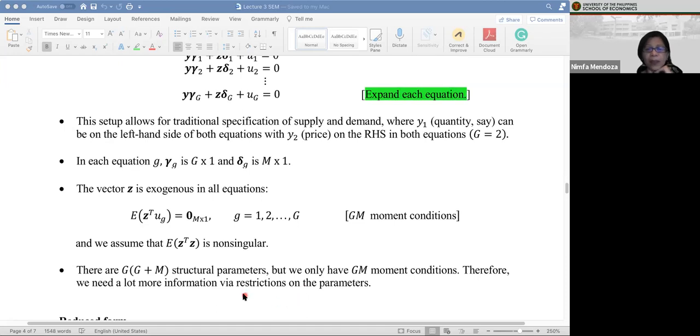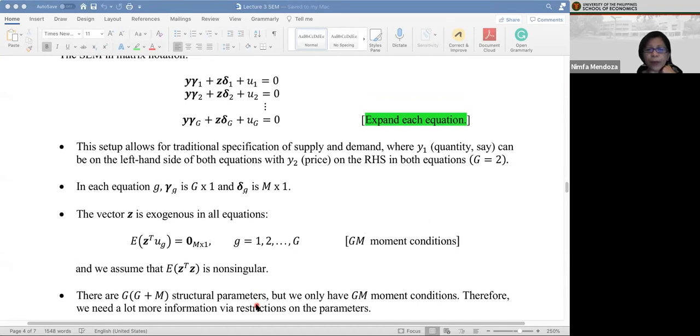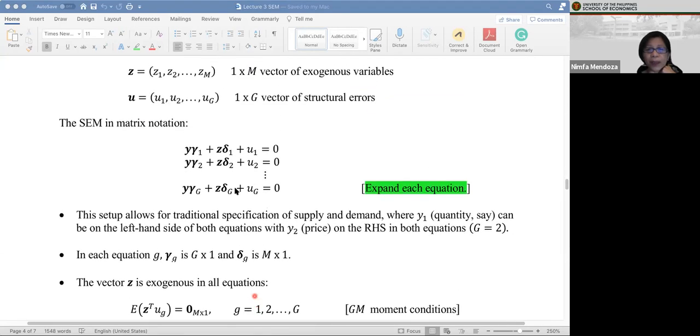But how many structural parameters do we have? For each equation, how many parameters do we have? Gamma sub g is G by 1, delta sub g is M by 1.